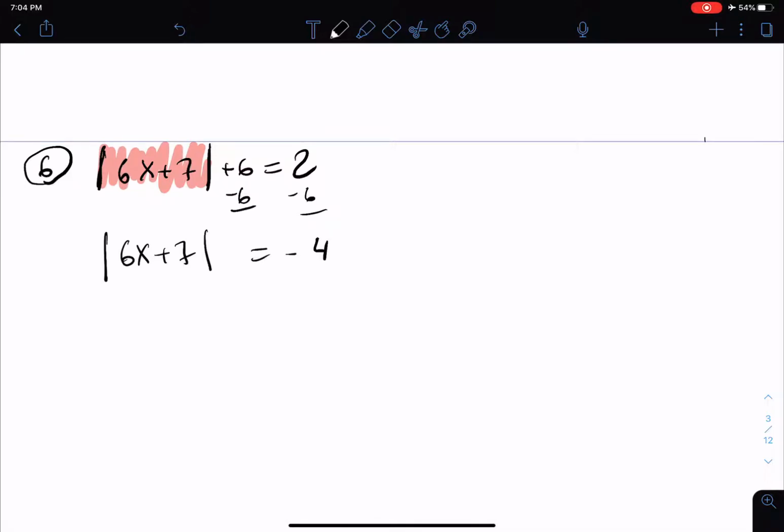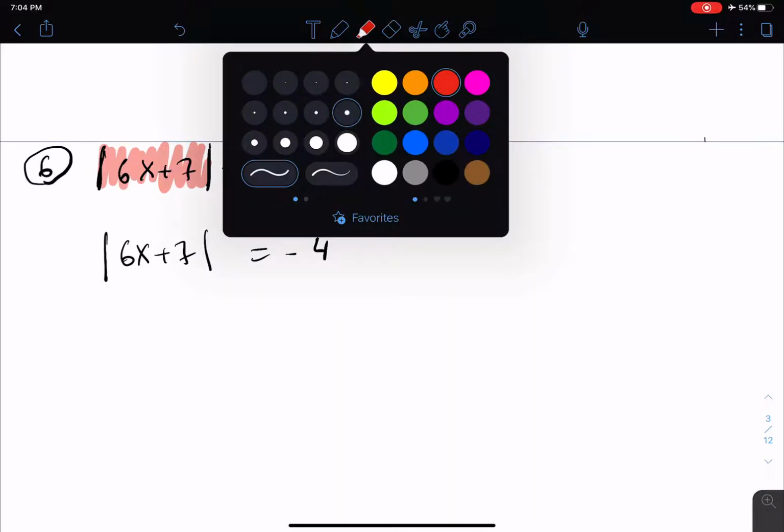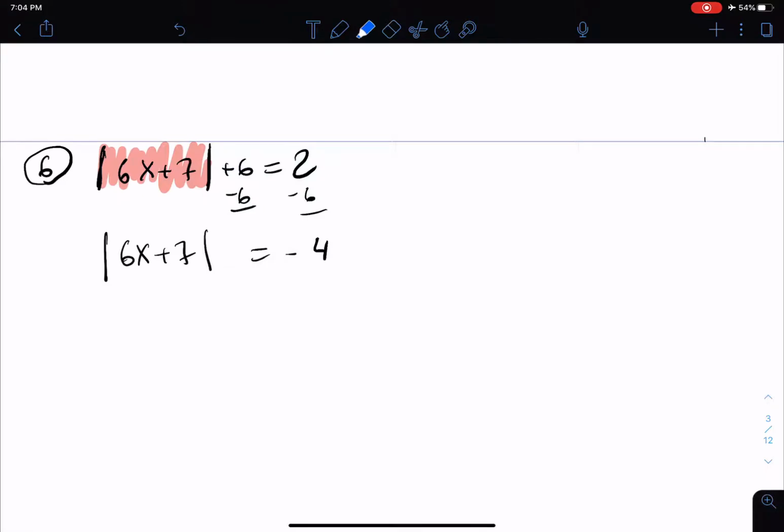Now I'm ready for business, except you should be highlighting that negative symbol right there. I don't really care how complicated it is inside, but the absolute value of a variable expression equal to a negative is going to be no solution.